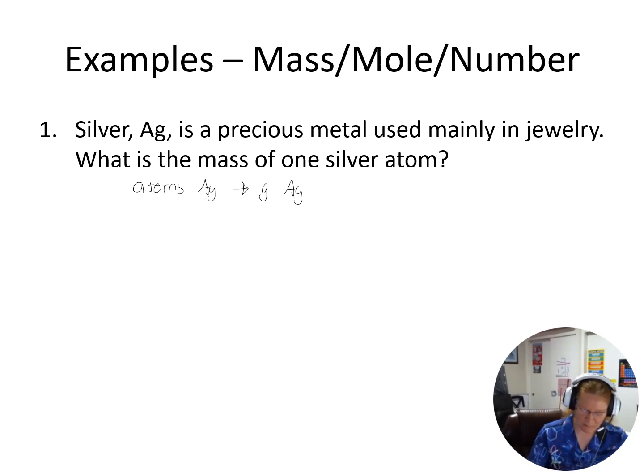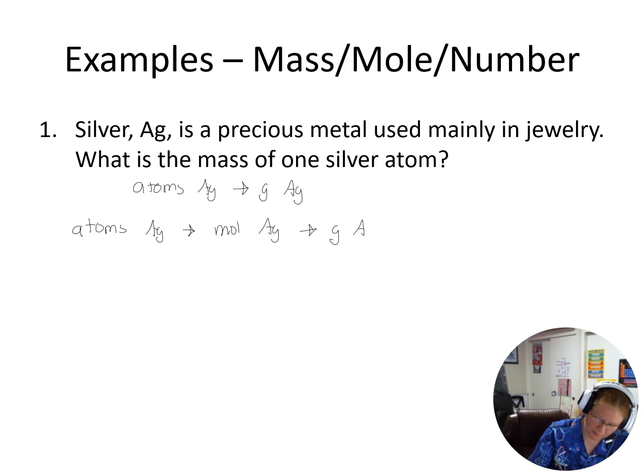So our expanded roadmap here is we're going to go from atoms of silver to moles of silver. And we're going to go from moles of silver to grams of silver. Okay? To go from atoms to moles, we're going to need Avogadro's number. And then to go from moles to grams, we need that atomic mass. Okay?